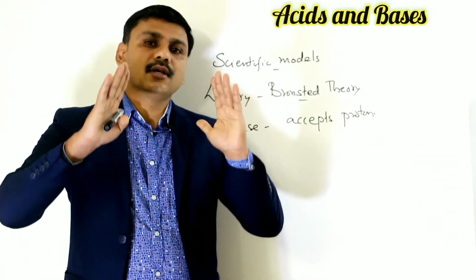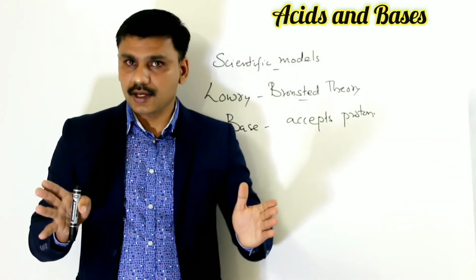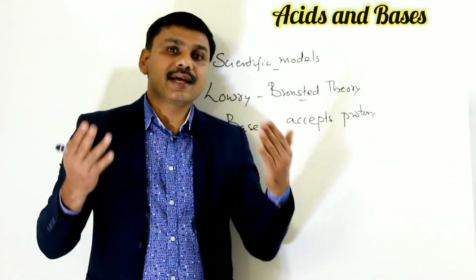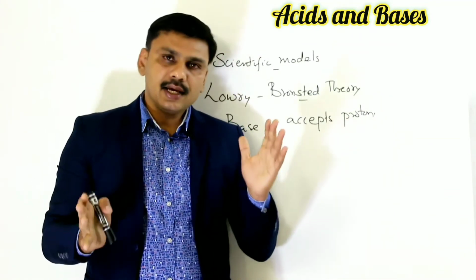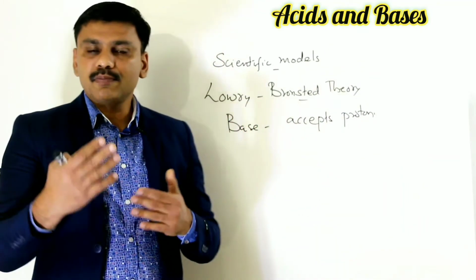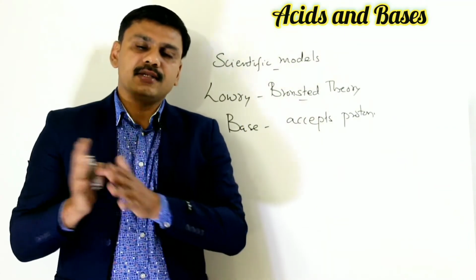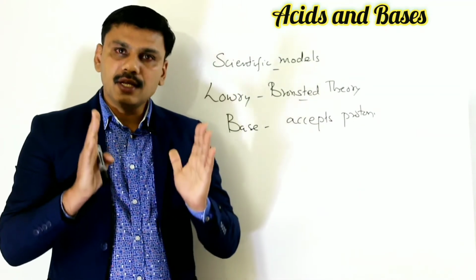So these two definitions are very important for the exams. These two theories are almost the same, they are saying the same thing, but they are explaining acid and base in different ways.